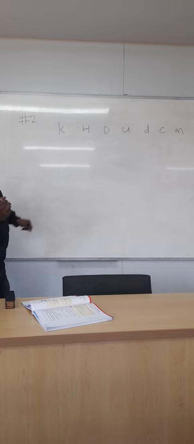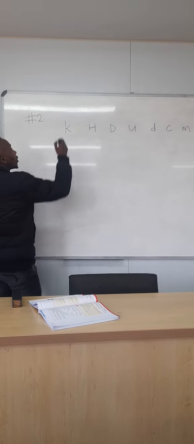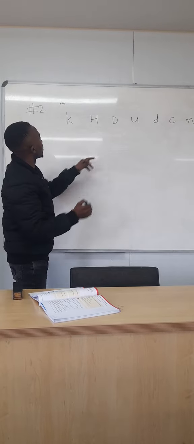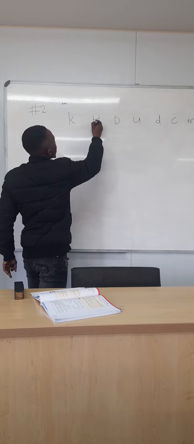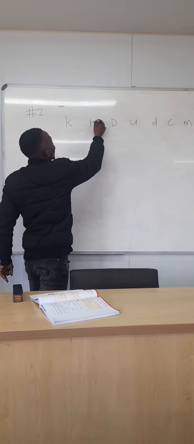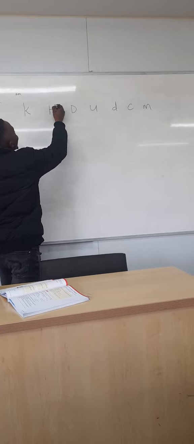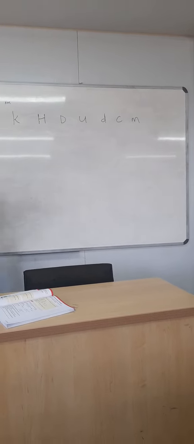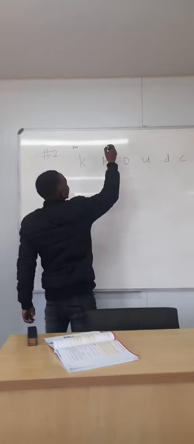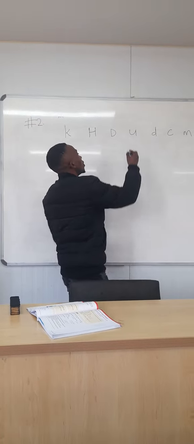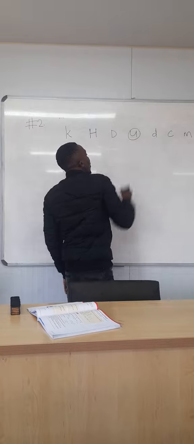So let's start. K stands for kilometers. H stands for hectometers. Then D, deca. U stands for base unit.